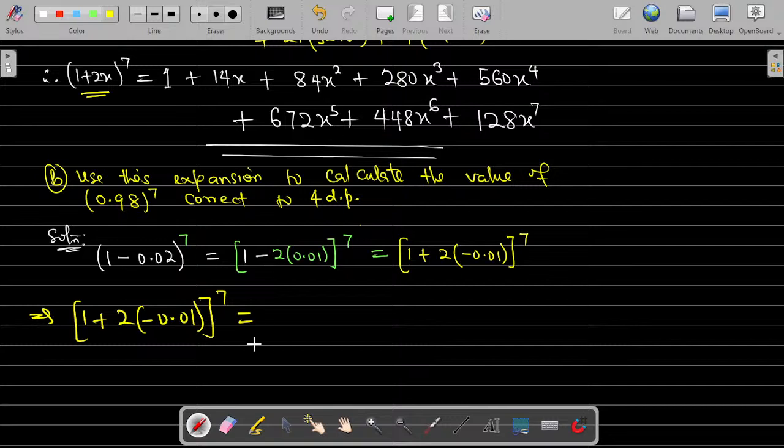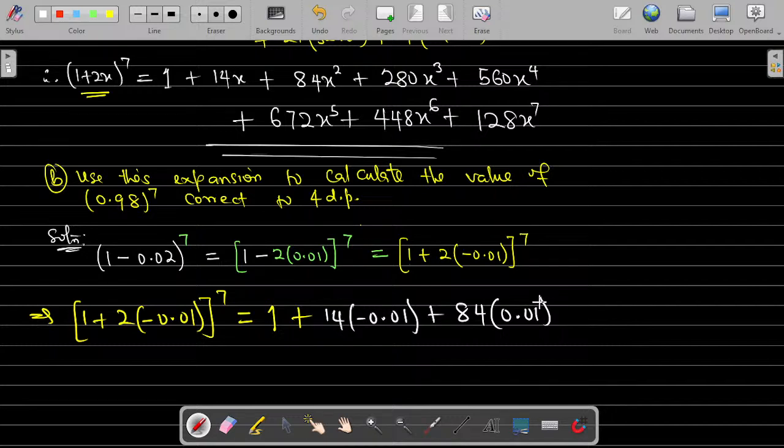So that's what we are going to be substituting here. So that will give us 1 plus 14 times minus 0.01, then plus 84 times minus 0.01 squared. So I can remove that minus and just put 0.01.